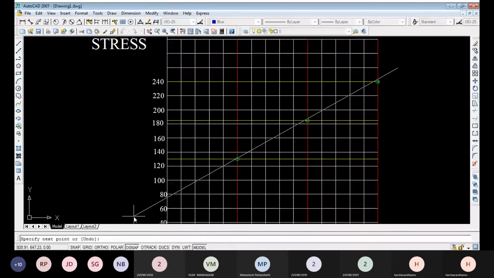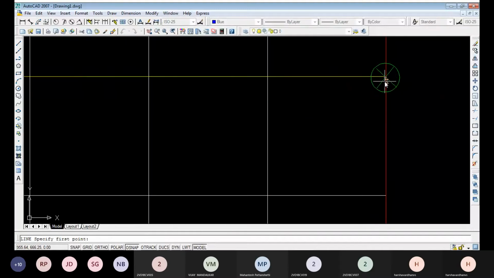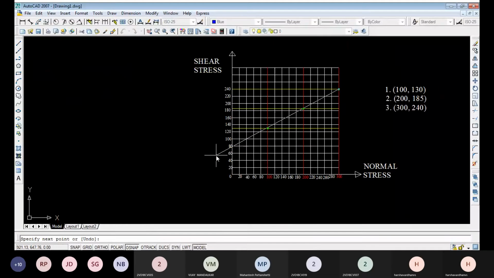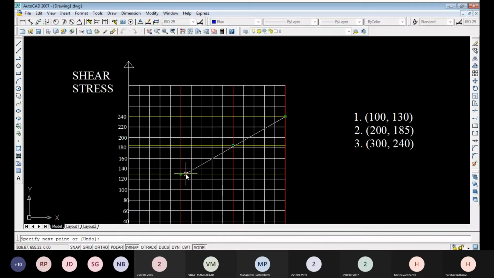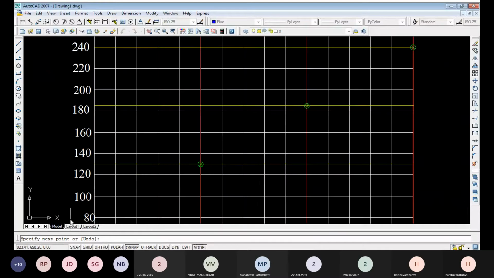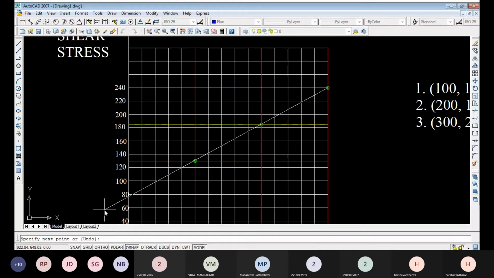I have to join all the 3 points using the best fit line. Okay, so this is my best fit line.